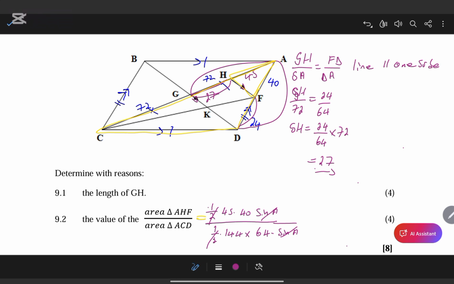We are left with 45 times 40 divided by 144 times 64, and the answer to that is 25 over 128, and that is the answer.